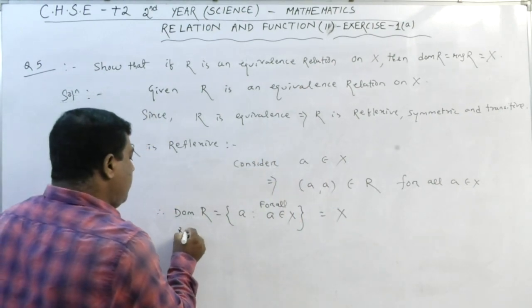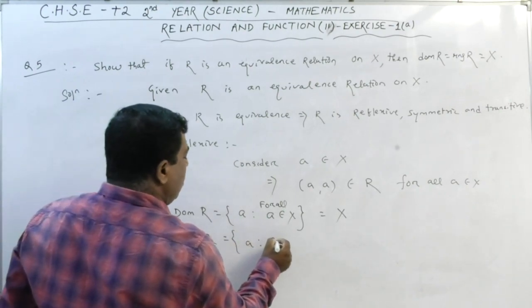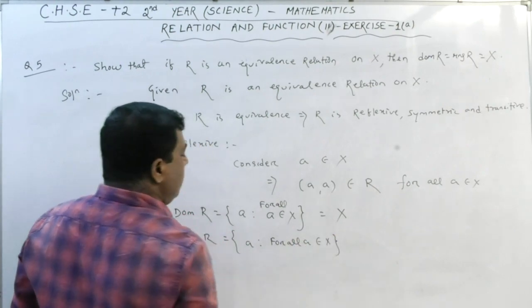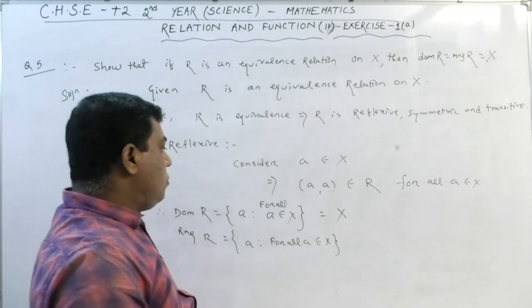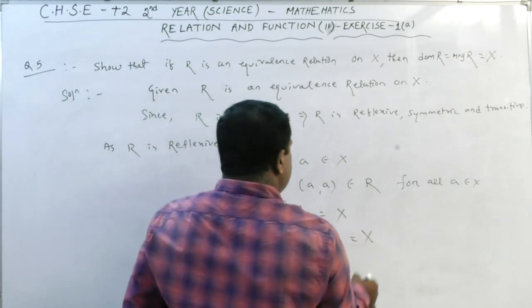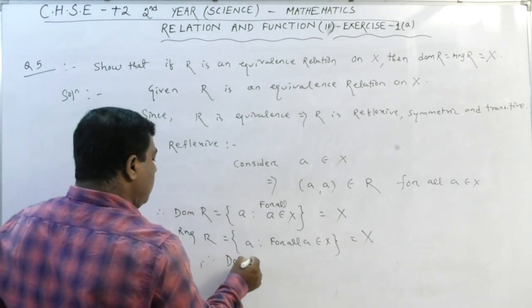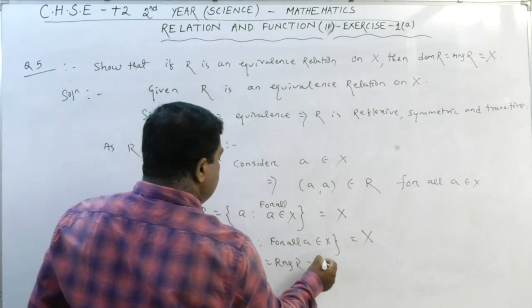And what is the meaning of the range of R? It is the set of those elements that belong to set X also, so it is equal to set X also. So we can conclude that the domain of R equals the range of R equals set X itself.